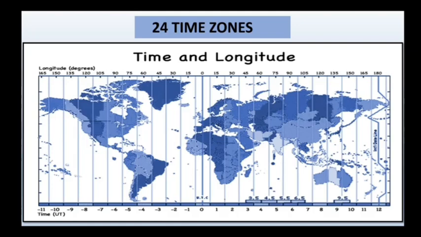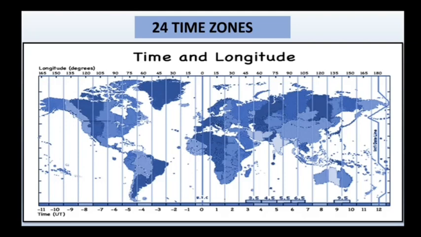Normally, if the difference between the longitudes of a country is less than 1 or 2 hours, then only one standard time is considered for the country. Like India has one standard time. But if the difference in the longitudes is more than 2 hours, then we cannot have one standard time for a particular country.